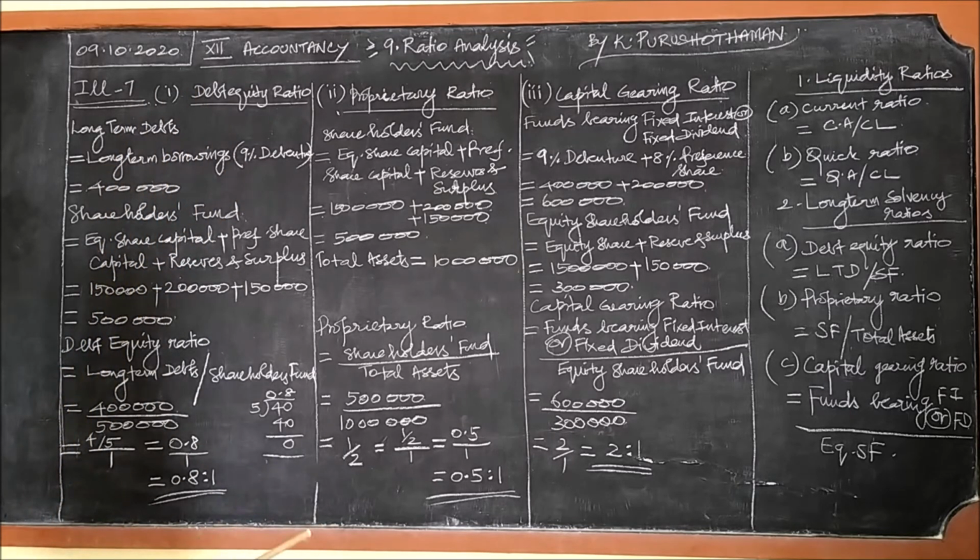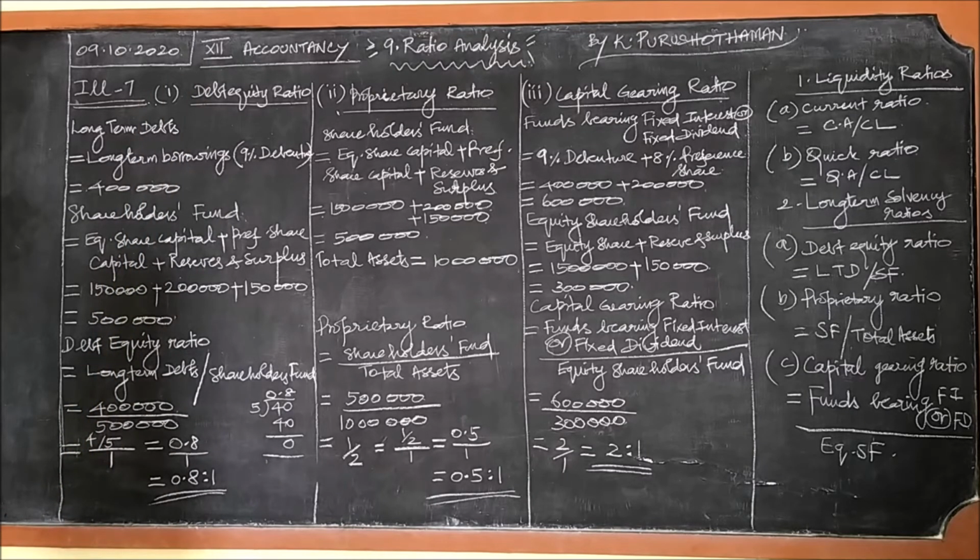After 5 years or 10 years, you can get back the debenture amount. Till then, you can get 9% interest for the amount you have given to the company. It depends upon the value of the debenture.